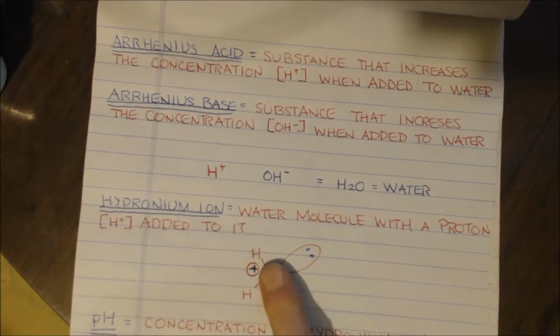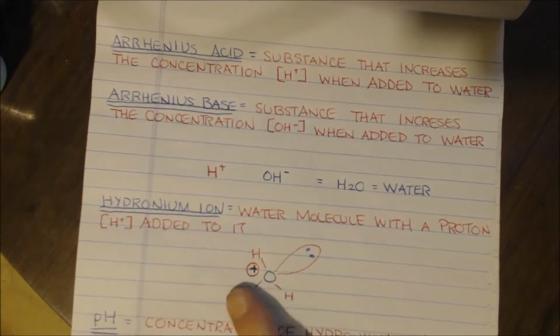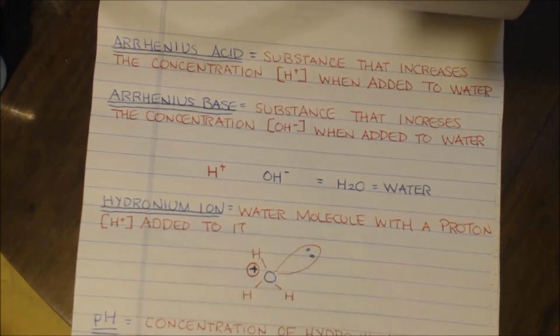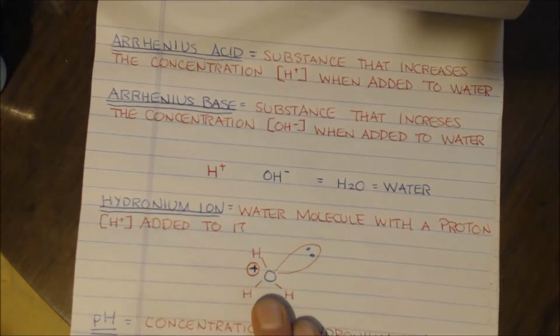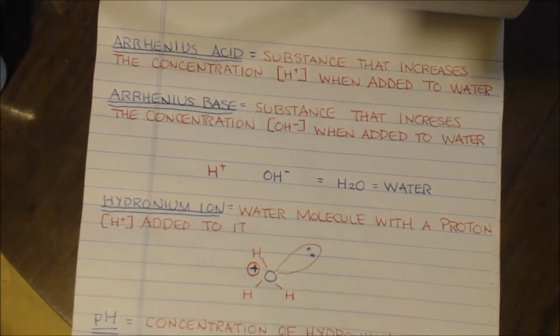And here it is right here. It's adding on an H. The proton jumps onto the water molecule and makes hydronium. That's your actual acid. You know what I mean? In most reactions, that's what happens. And then it jumps from this hydronium ion to the base in the reaction.